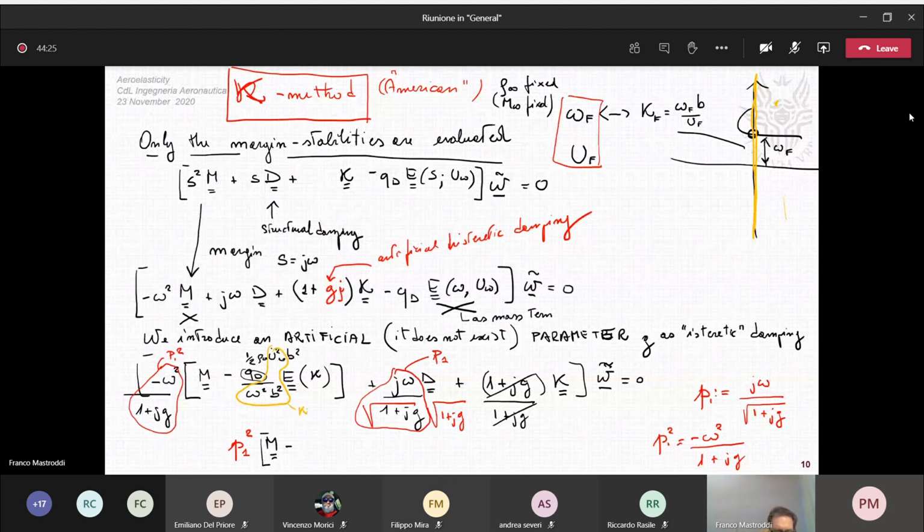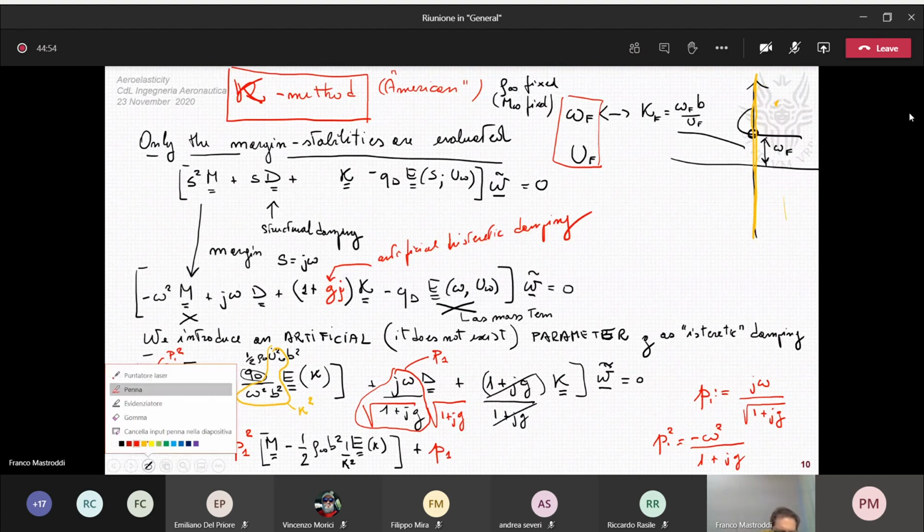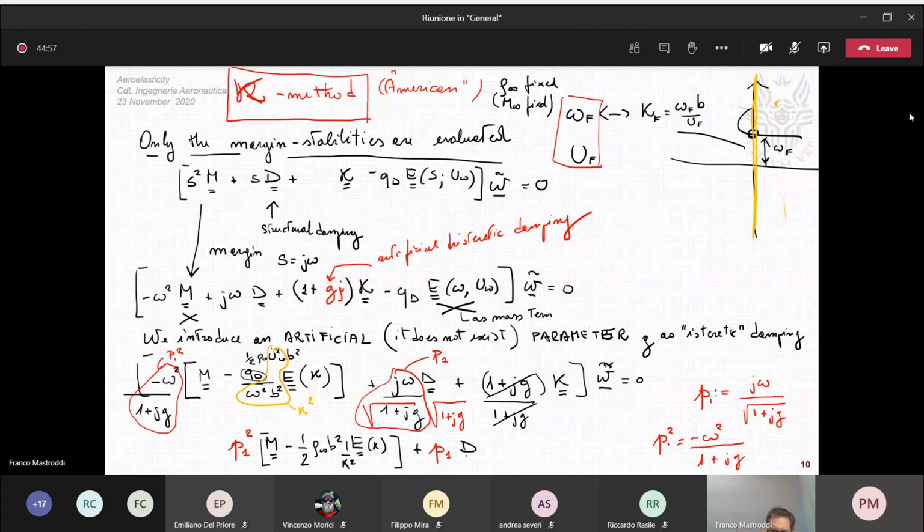This is k square, and so we have the following: minus 1/2 rho b square E evaluated at the reduced frequency divided by k square, and then we have plus p1 by d plus kappa, and then w equal to 0.